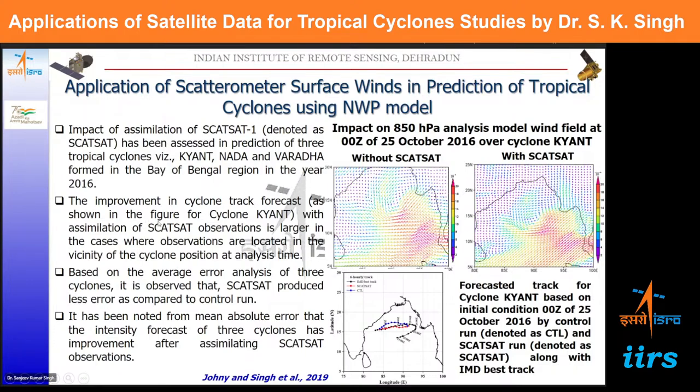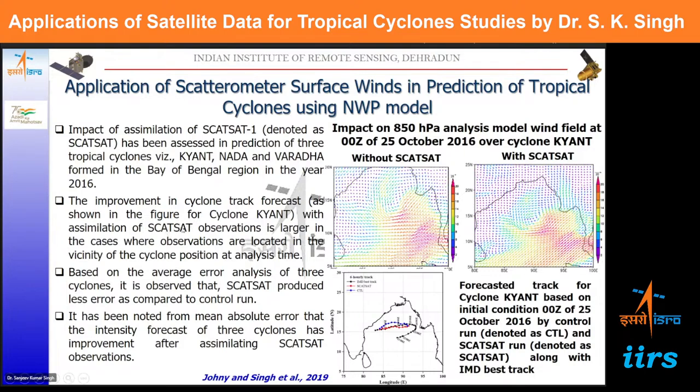So in conclusion, this impact has been observed, and it has been noticed that if you assimilate this spectrometer observation into the numerical weather prediction, it leads to improvement of the track, intensity and landfall information.